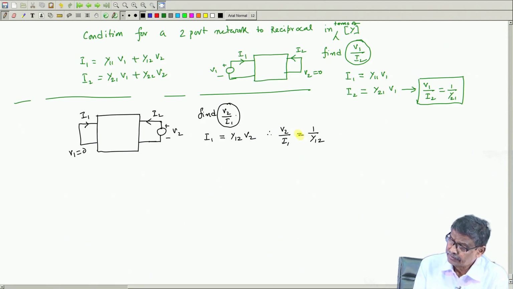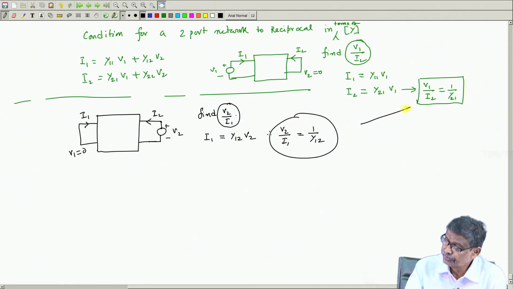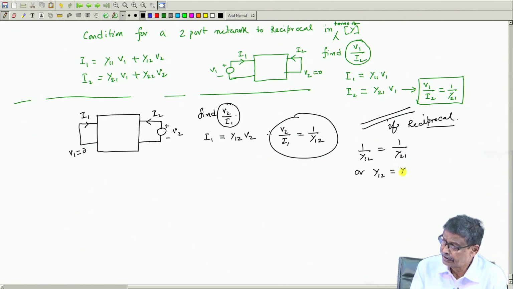Therefore, I conclude that these two should be the same if reciprocal. Which means that 1 over y 1 2 is equal to 1 over y 2 1, or I will say y 1 2 is equal to y 2 1.